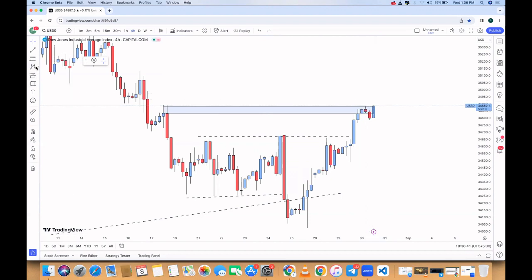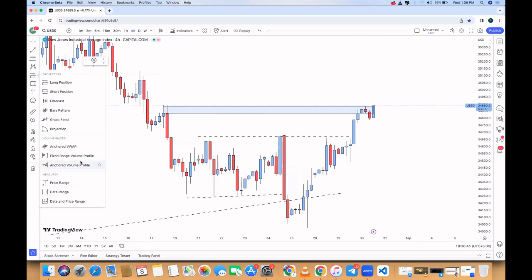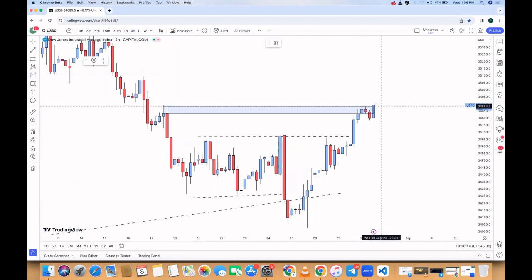Using the volume indicator as well, you can see that there's a little bit of volume here. This is why I'm thinking the price is breaking here.